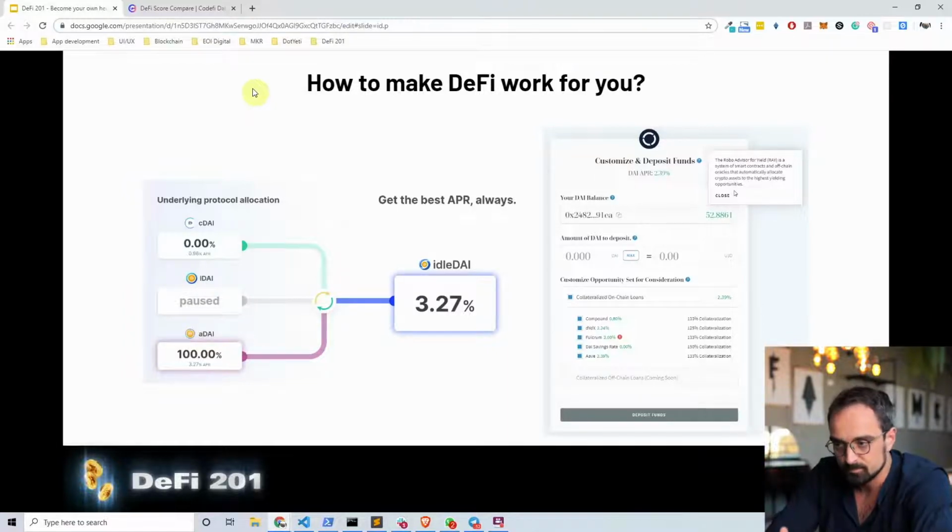I would say then you can invest in CDAI or ADAI. You can invest a portion of your capital in there that is really low risk and relatively low return.